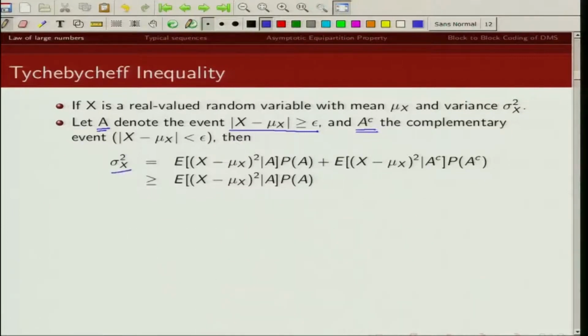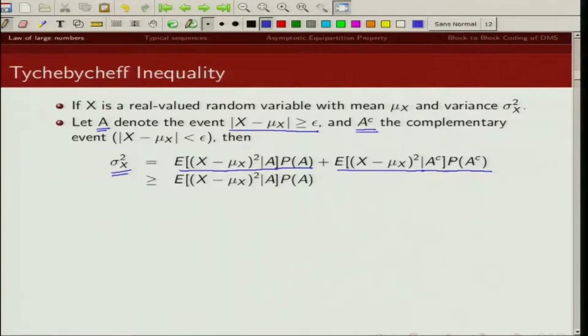We know the variance sigma square is given by the expected value of x minus mu x whole square. We can write this as the expected value of x minus mu x whole square given event A has occurred, multiplied by the probability of event A, plus the expected value of x minus mu x whole square given the complementary event of A has happened, multiplied by the probability of the complementary event.